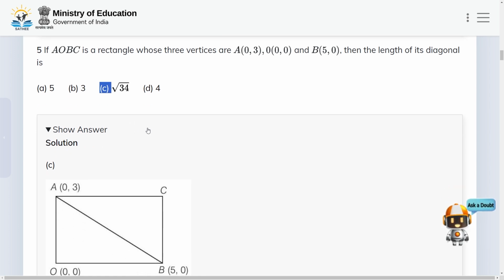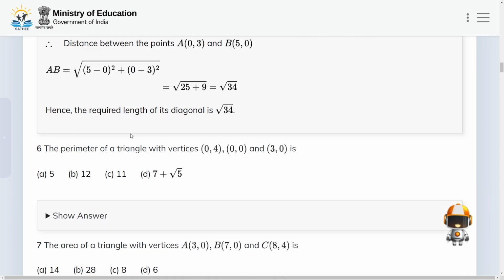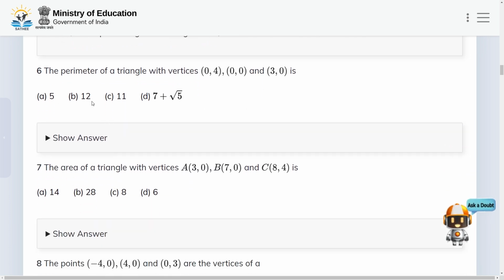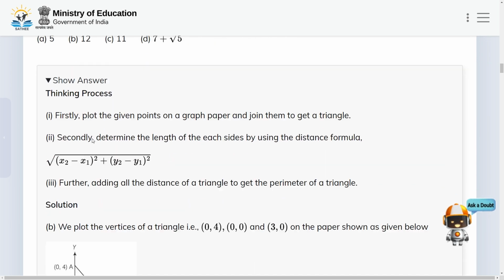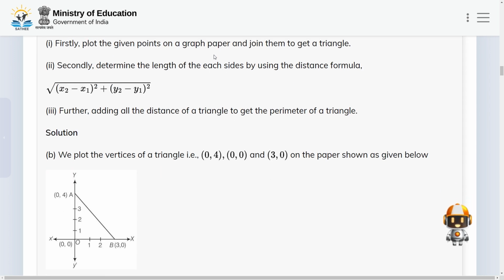Now let us move to question number 6. So in question number 6, the perimeter of a triangle with vertices (0, 4), (0, 0) and (3, 0) is what? Okay, so firstly we plot the given points on a graph paper and join them to get a triangle.